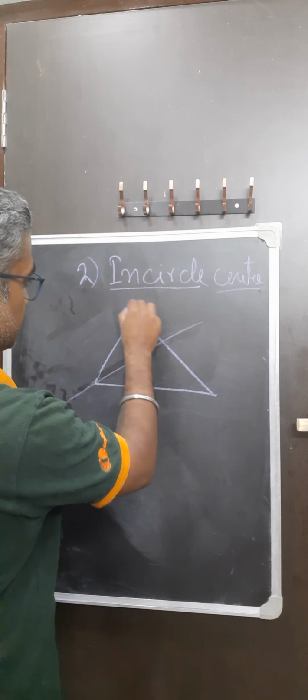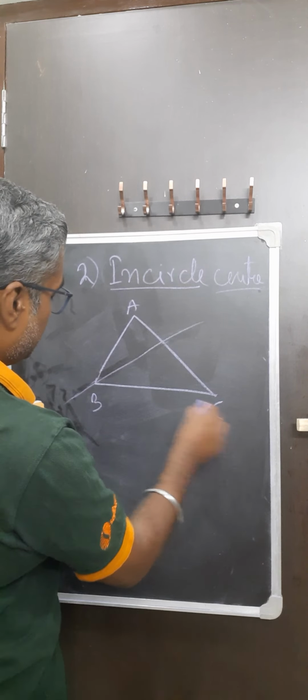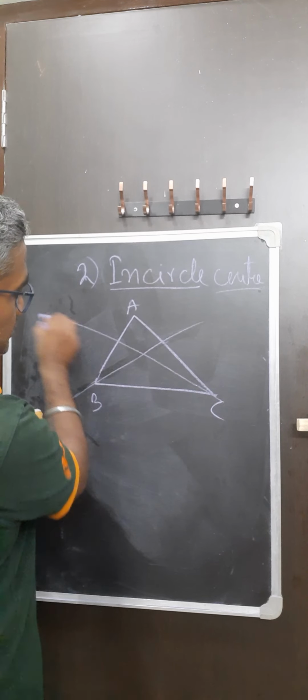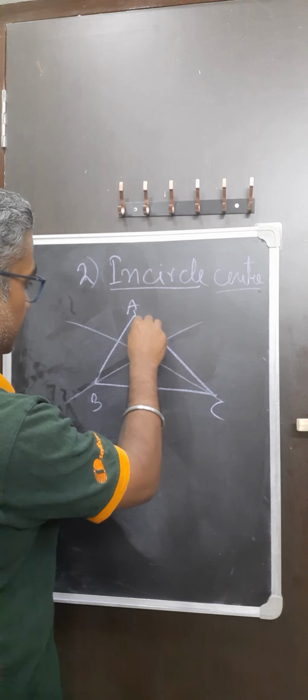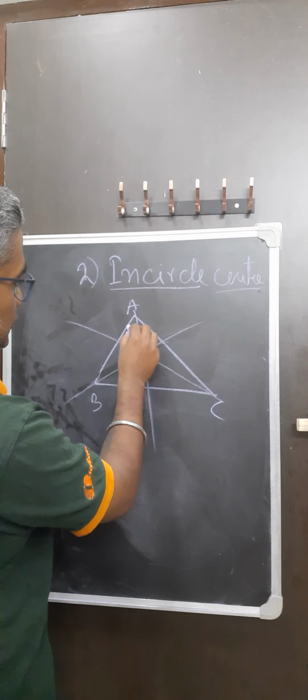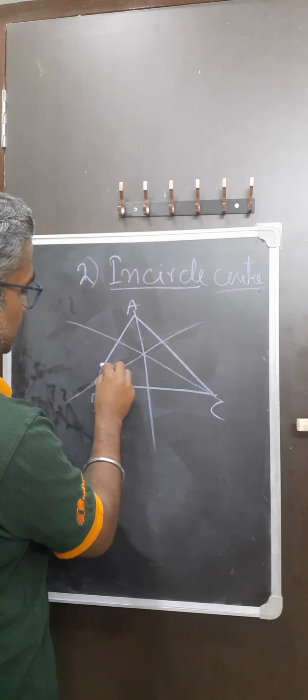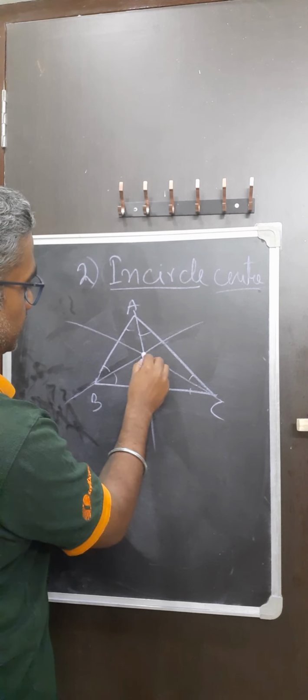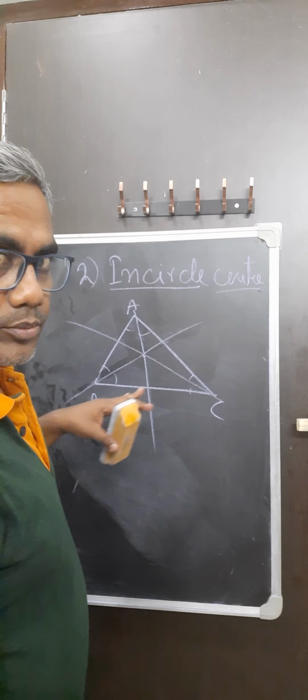Let's say this is A, B and C again. So it is dividing B in equal parts, another line is dividing C in equal parts, and another is dividing A in equal parts. So in that case, all the angles are divided into equal parts, and the lines will meet at some point.